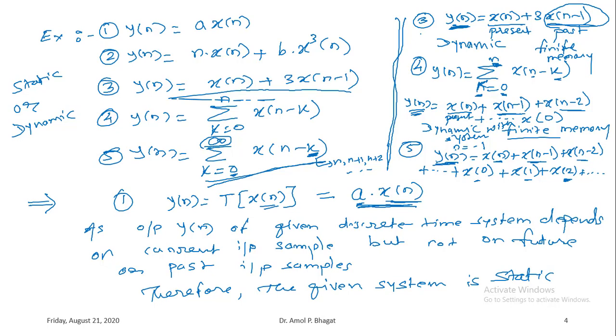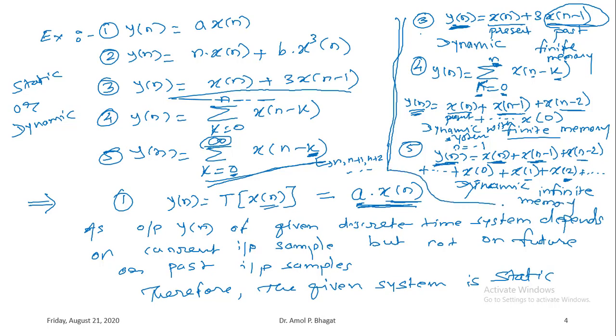So in that case the output depends on the present input, past inputs, and maybe future input samples. So again this system is dynamic, it is not a static system. But in this case the memory is infinite. So it is a dynamic system with infinite memory.